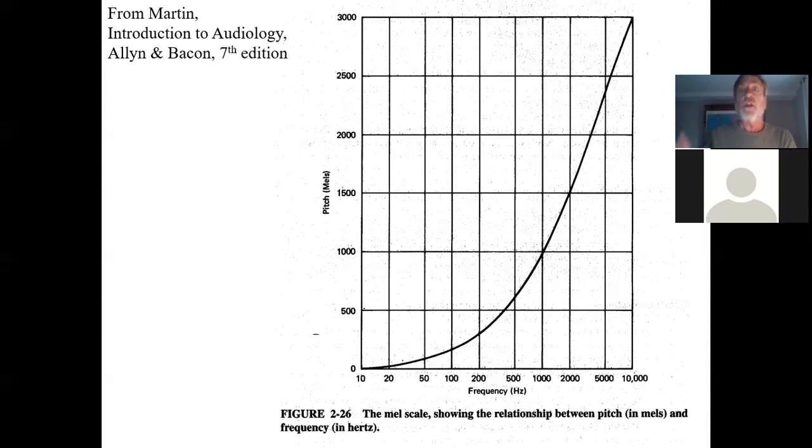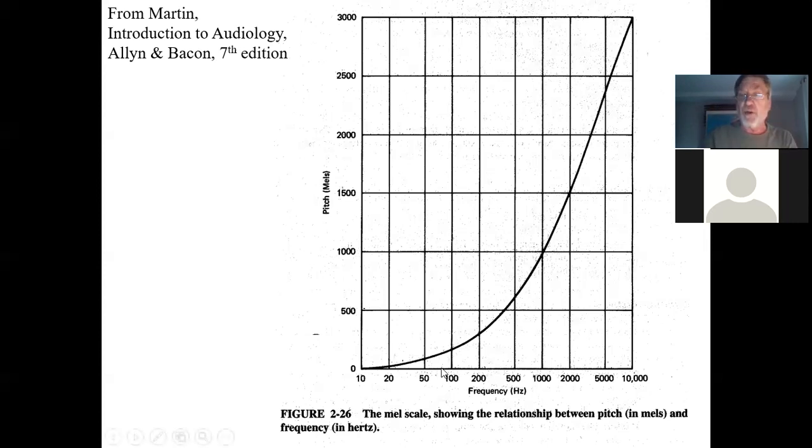And we draw the line of 0 dBHL as a flat line on the audiogram. But in reality, if you took off the veneer, you'd find out that 0 dBHL at 1,000 hertz is actually about 7.